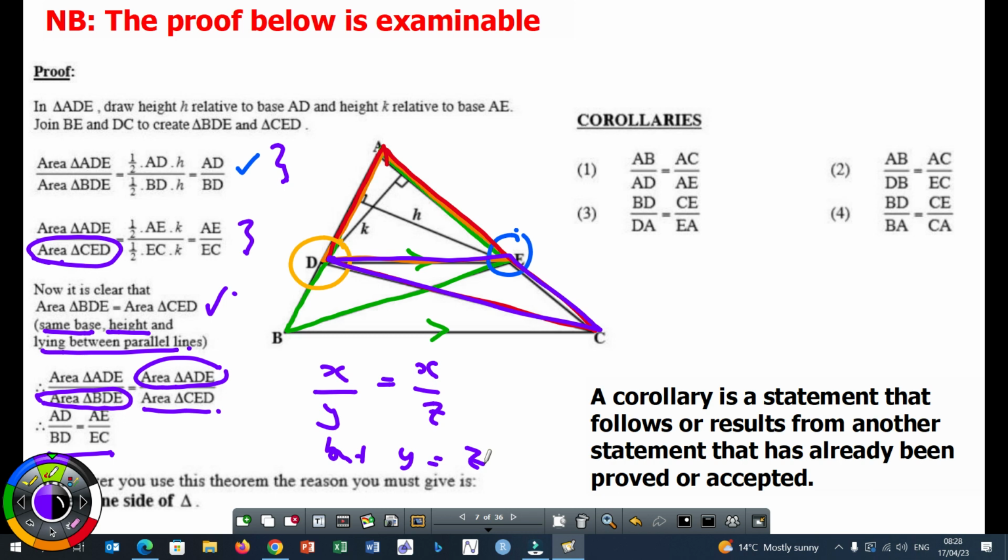Therefore, if the denominators are equal and the numerator is the same, it means these two ratios are equivalent. Okay, so you're not substituting in anything. You are just equating. You see, because triangle BDE and triangle CED have the same area, this and that are going to be equivalent.